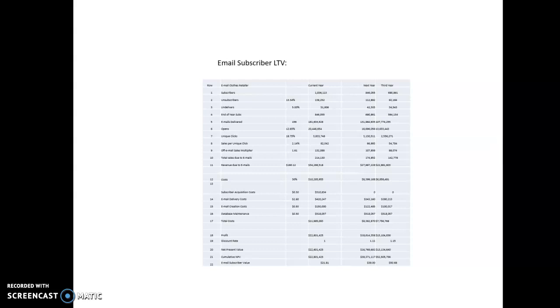You see how many subscribers you get from your emails in the current year. Then there's going to be some attrition, people who unsubscribe in the second year. So it's a smaller number of people in the second year from that first email blast that you did, and an even smaller number the third year because you have unsubscribers and undeliverables, etc. And then at the end of the year, you see how many subscribers you have after all that.